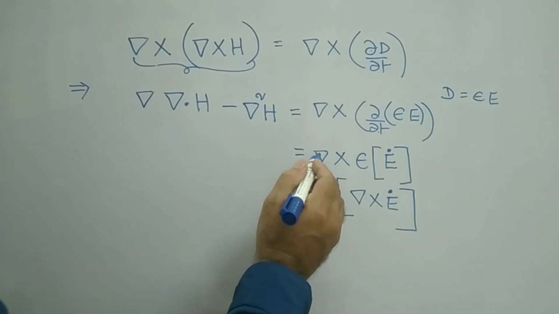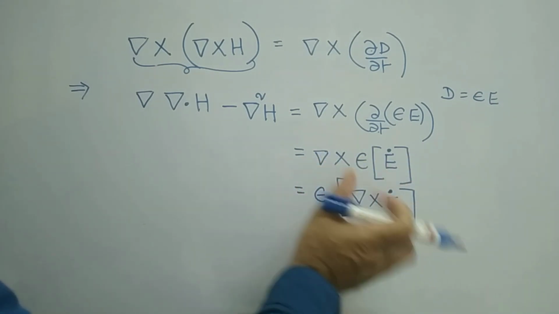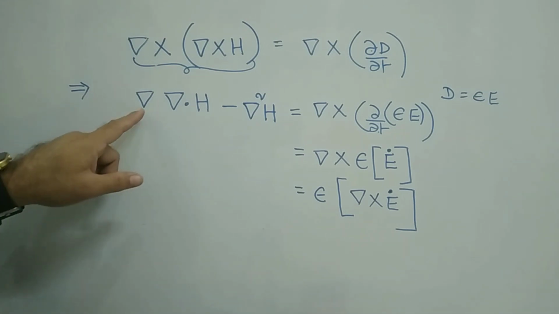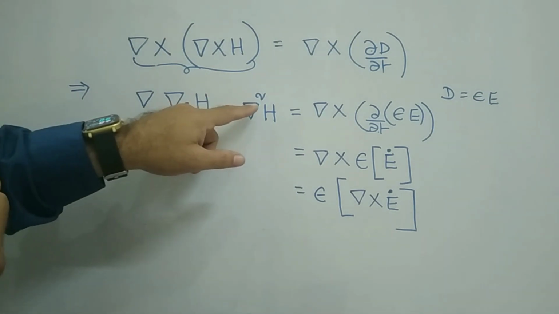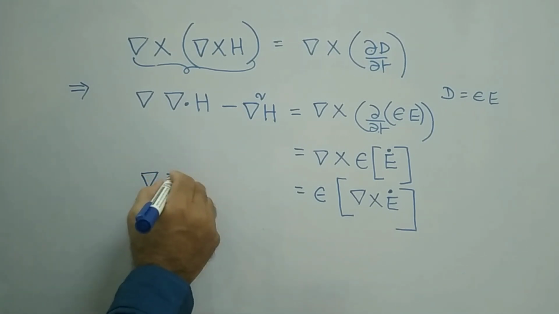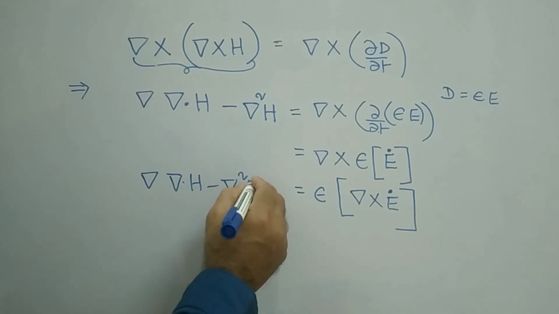So del of del dot H minus del square H is equal to this expression.